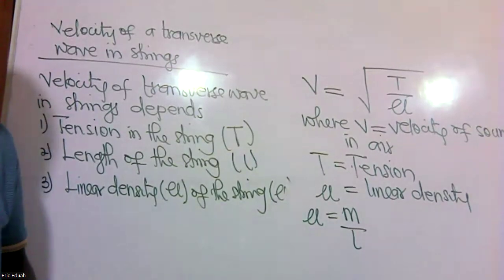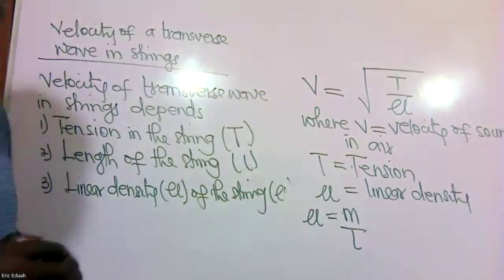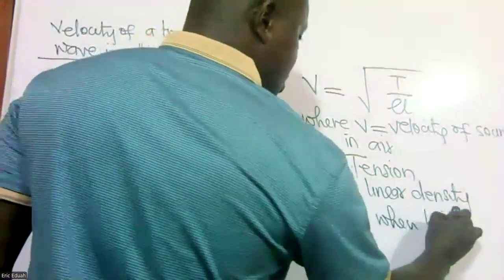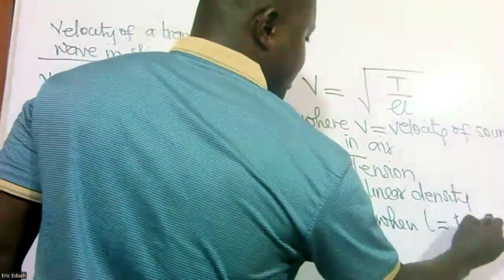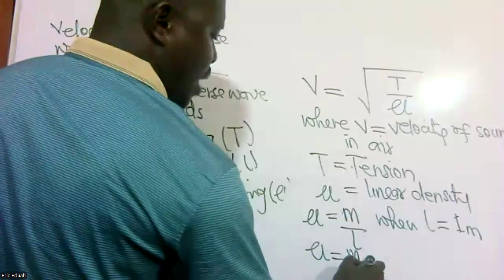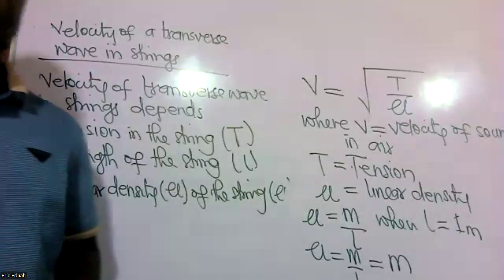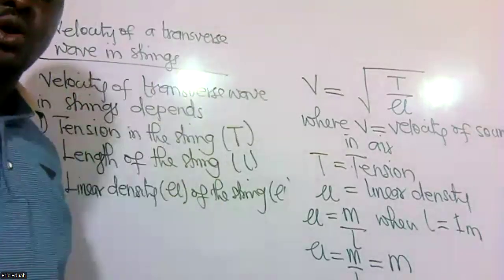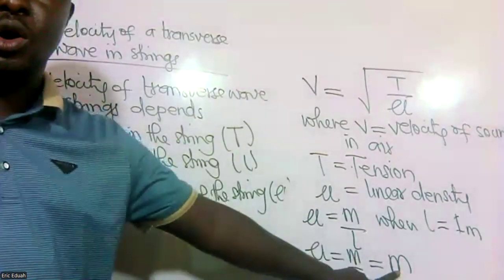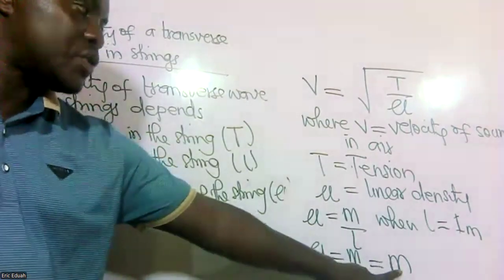Mass per unit length. I said mass per unit length. So when L is equal to 1 meter, then mu becomes m over 1, which is simply m. So if the length of the string is equal to 1 meter, the linear density is just equal to the mass of the string.